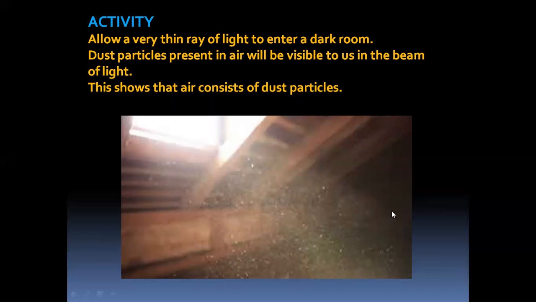So here also this picture shows that if we allow a very thin ray of light to enter a dark room, the dust particles present in air will be visible to us in the beam of light. So where the light is there, you can see the dust particles. This shows that the air consists of a lot of dust particles.